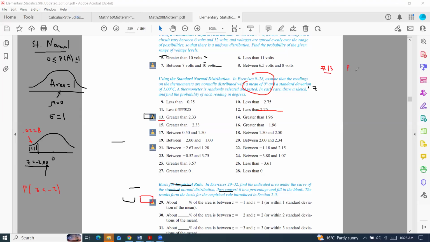So probability that Z is greater than 2.33. See, how do you know, Alex, it's a Z? Well, if you read the blueprint above, the whole exercise says find probability, and probability is always with parentheses.